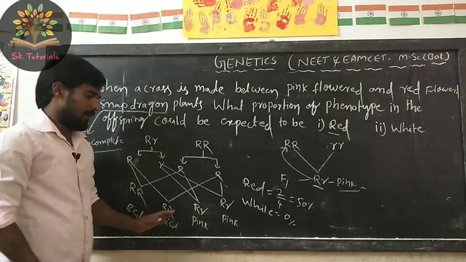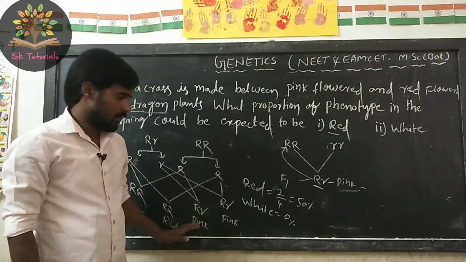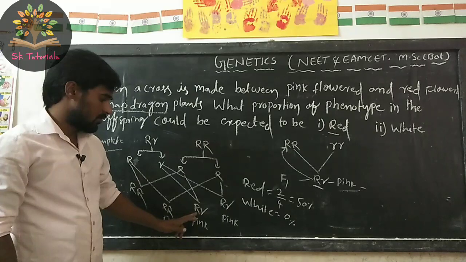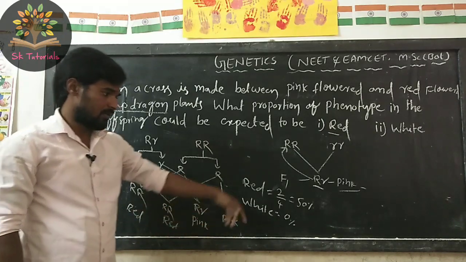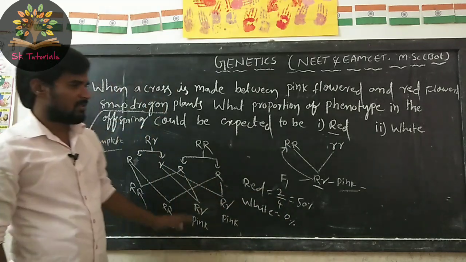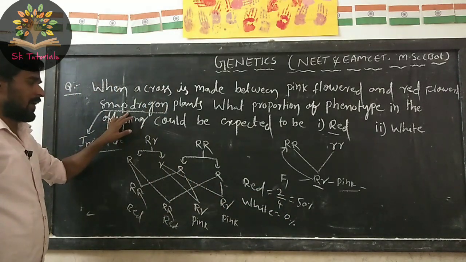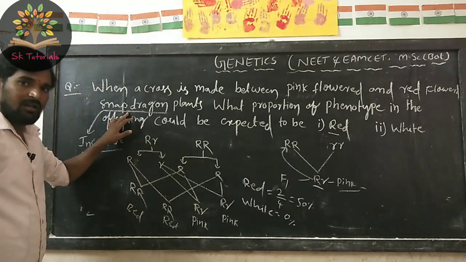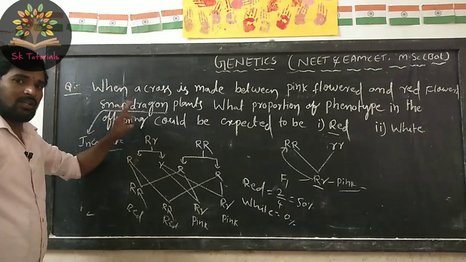Okay. So if we ask what the pink proportion is, how many? 2 by 4. That is equal to 50%. Simple. Okay. If we are asked about snapdragon or antirrhinum or dog flower, that is the example for incomplete dominance.